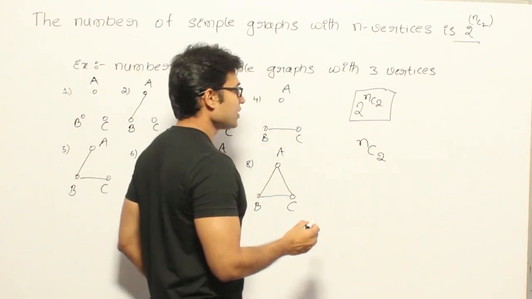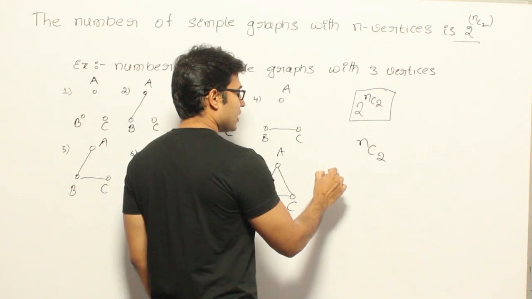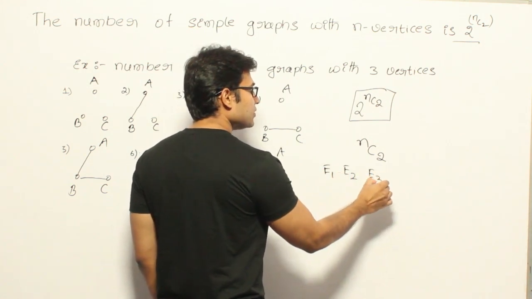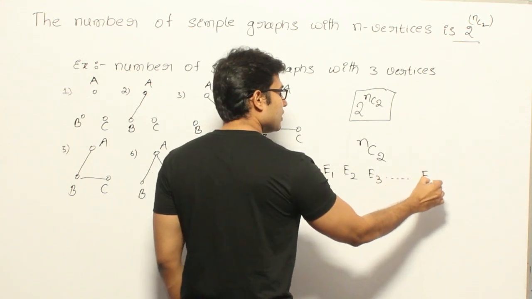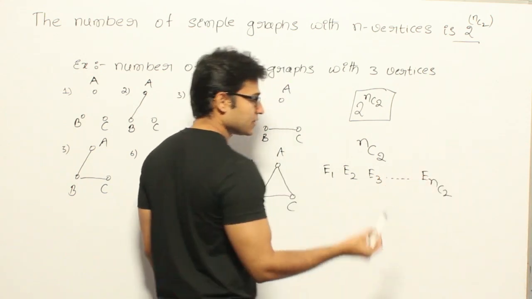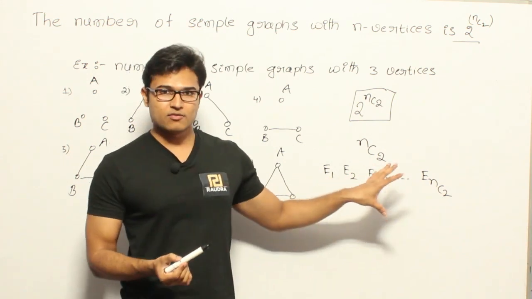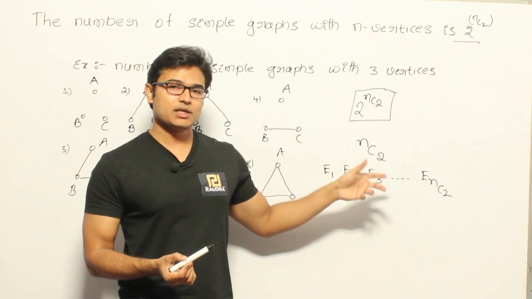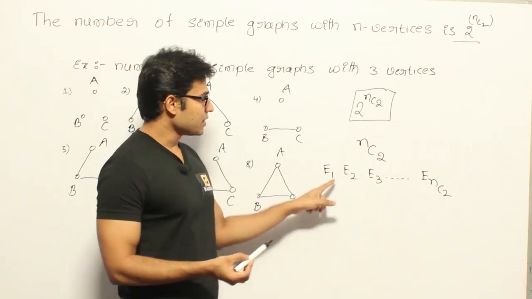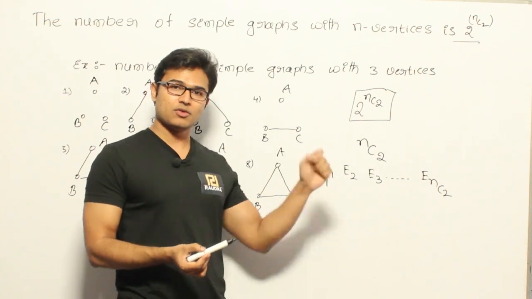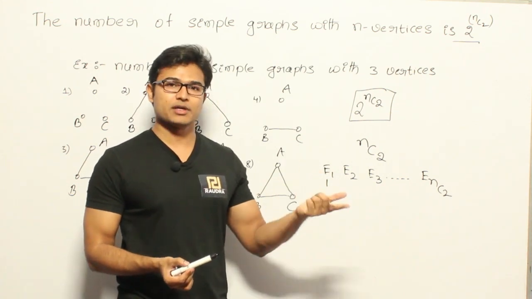Now let us say we have these many edges e1, e2, e3, and so on, nC2 edges are possible. Keeping all those n vertices, how many graphs can we form? By including an edge we can form a graph, and by not including that edge we can form a different graph.